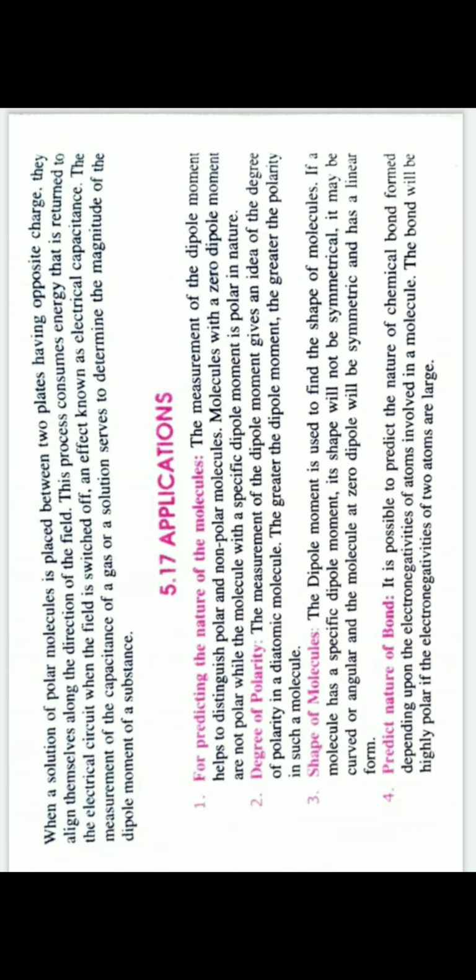Now when a solution of polar molecules is placed between two plates having opposite charge, one positive and the other negative, this process consumes energy.